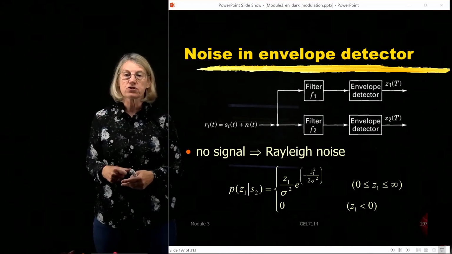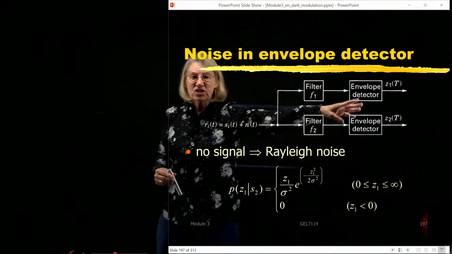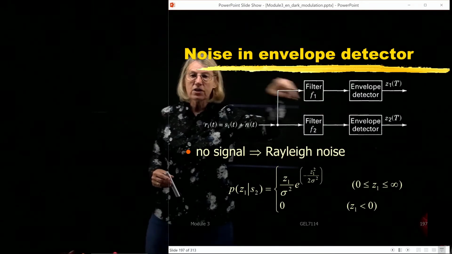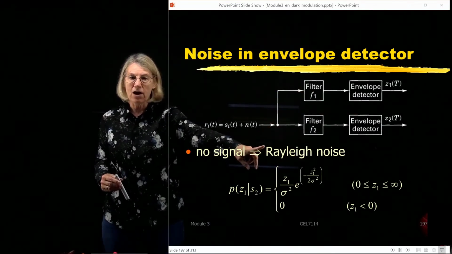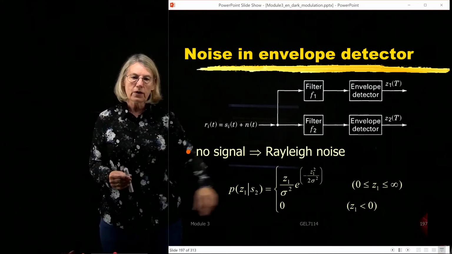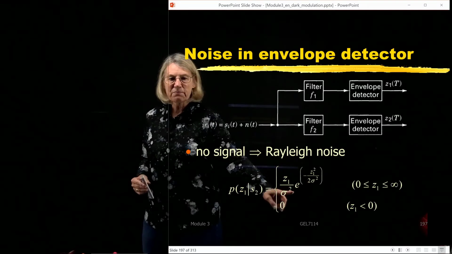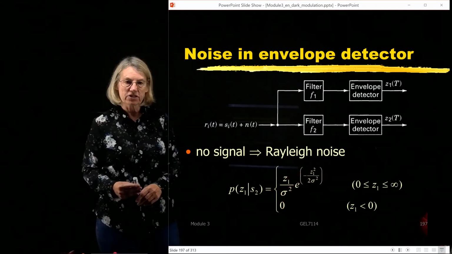Let's look at when there's no signal, when there's really just noise. When it's just noise, I just have additive Gaussian noise, and I know that when additive Gaussian noise goes through an envelope detector, it comes out with a Rayleigh distribution, so it becomes Rayleigh noise. And the Rayleigh noise is given by this probability density function.